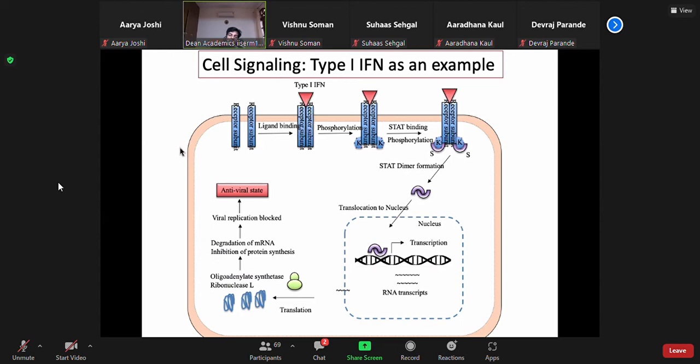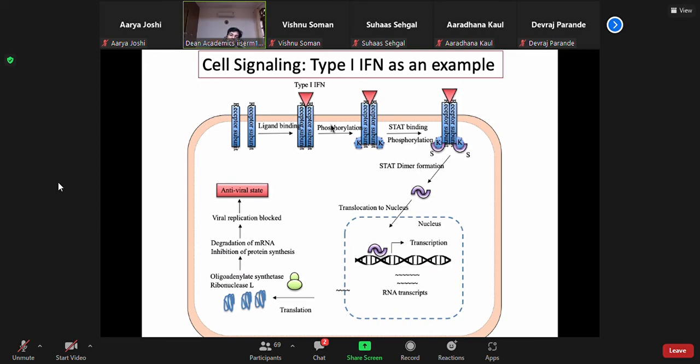Let's say the cell is infected with this virus, it produces interferon. Now, these interferons will act on the same cell, and this is called an autocrine mechanism of action. They also act on the cell which is not infected. This is called paracrine function. How do they act?